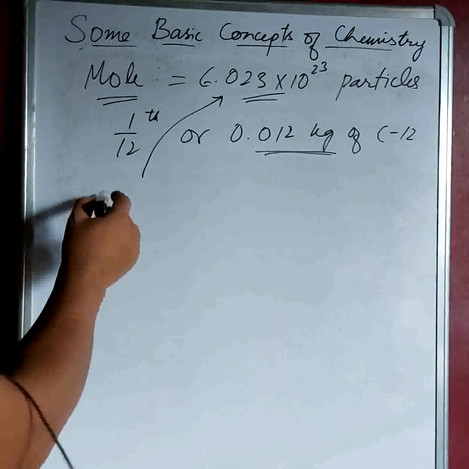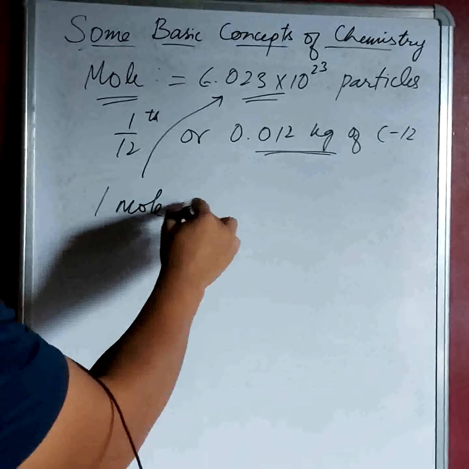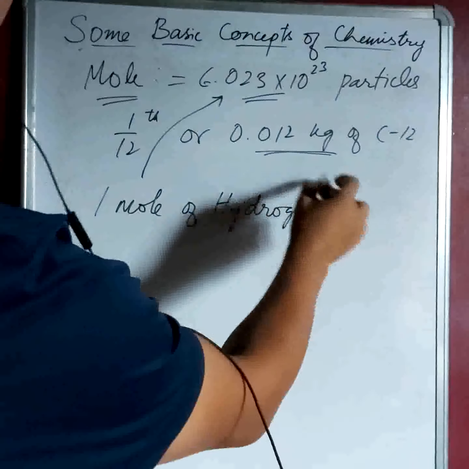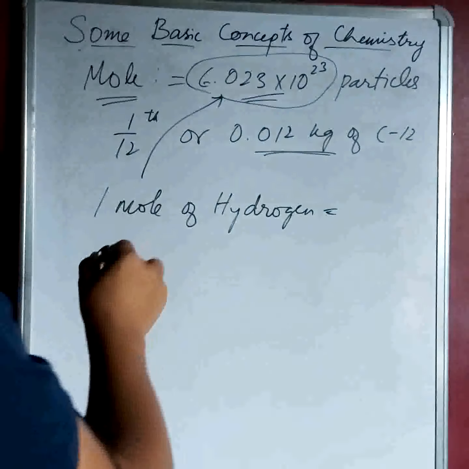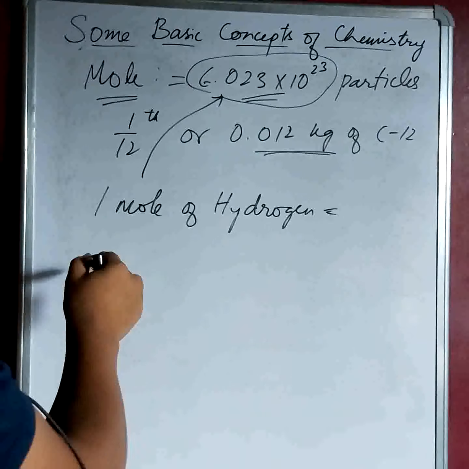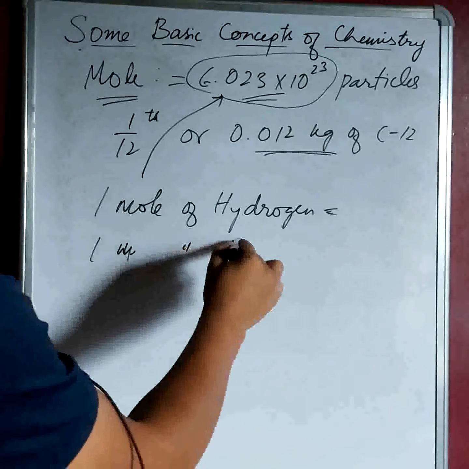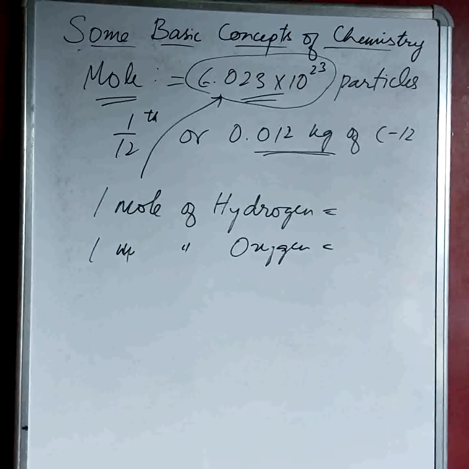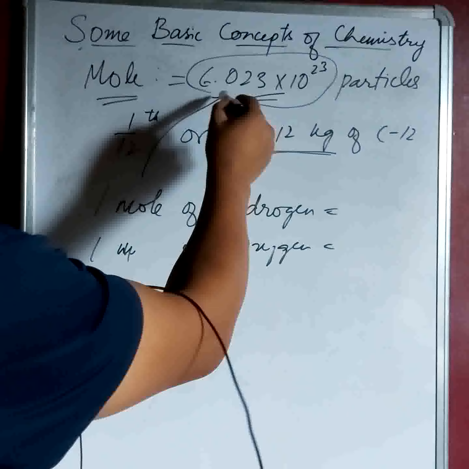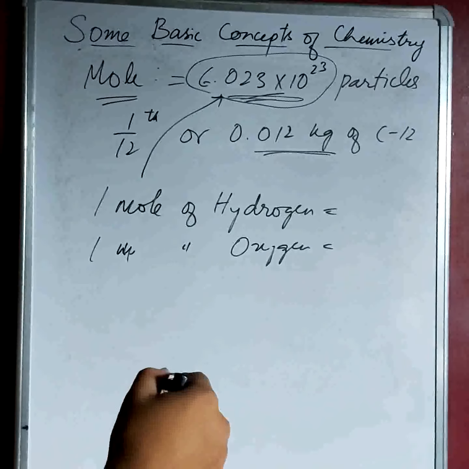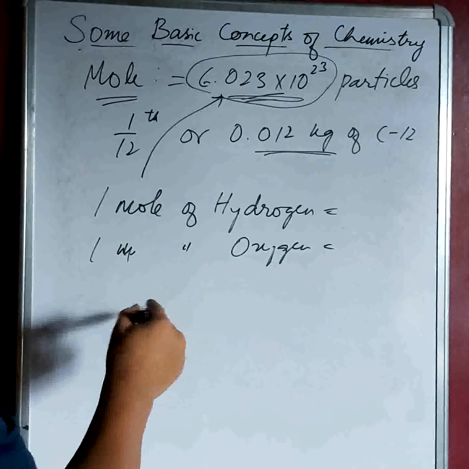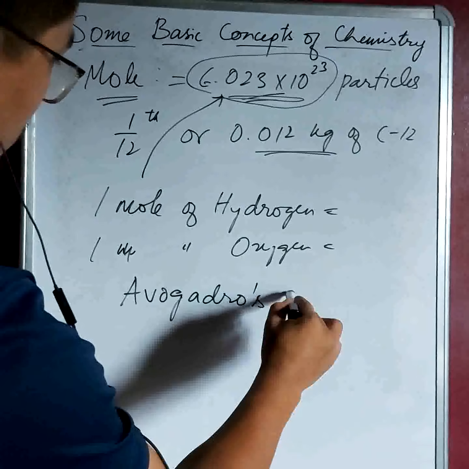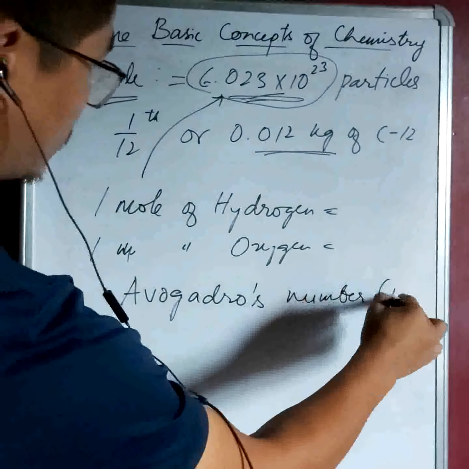Suppose 1 mole of hydrogen will have this much number of particles or atoms. 1 mole of oxygen will also have this much number of atoms in it, and this number, 6.023 into 10 raised to the power 23 particles, is also called the Avogadro's number, and it is denoted by Na.